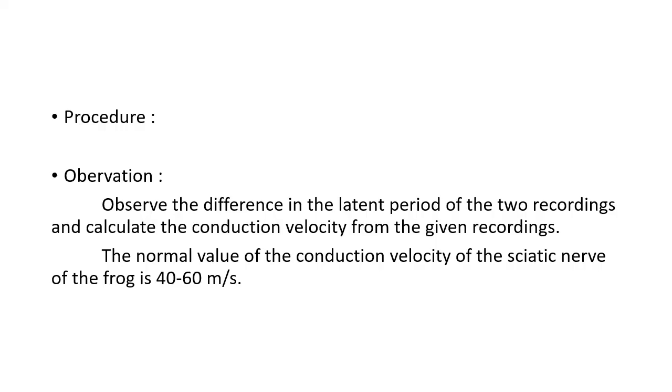So finally it will be calculated as meter per second or centimeter per second, but it's always expressed in meter per second. Then observation. So observe the difference in the latent period of two recordings and calculate the conduction velocity from the given recordings. The normal value of the conduction velocity of the sciatic nerve of the frog is 40 to 60 meter per second.